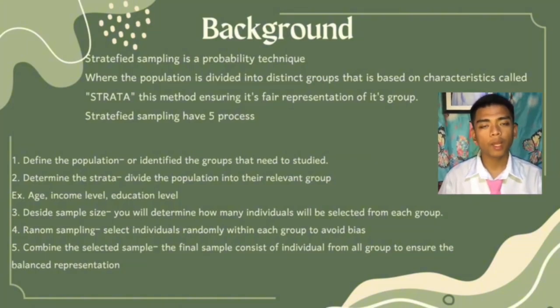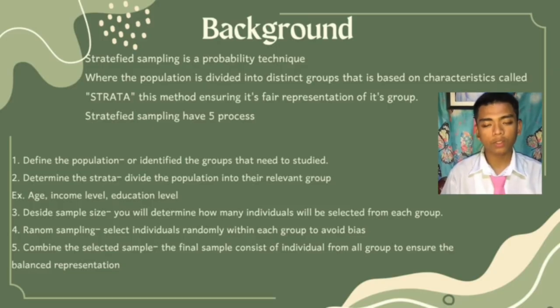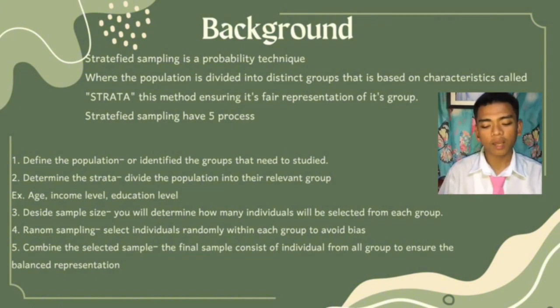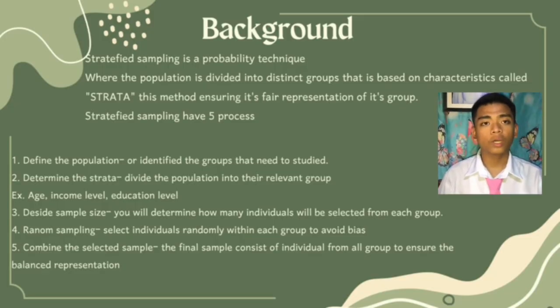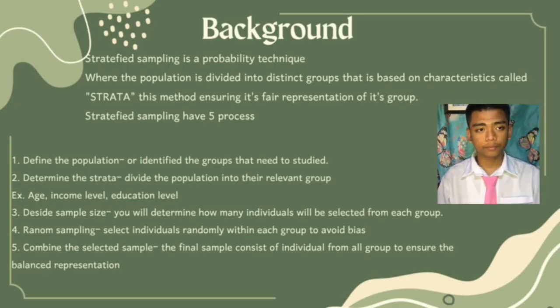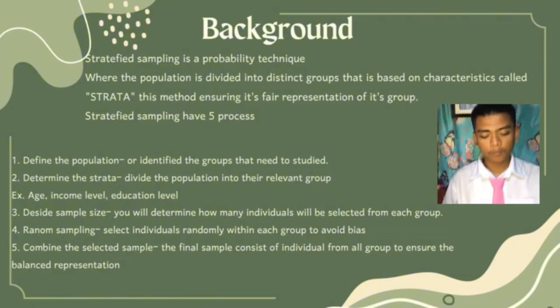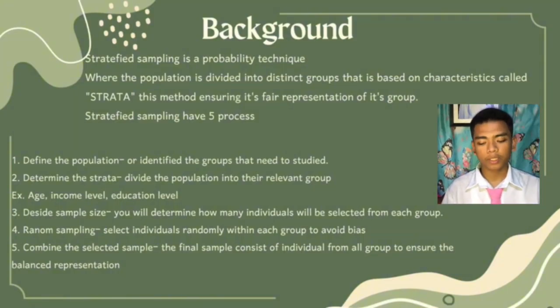Example: Monimar Development Academy wants to conduct a survey on student satisfaction instead of sampling randomly. It will have 3 strata: grade 11 home economics students 1, 2, and 3. It will randomly select students from each group in proportion to their total numbers.